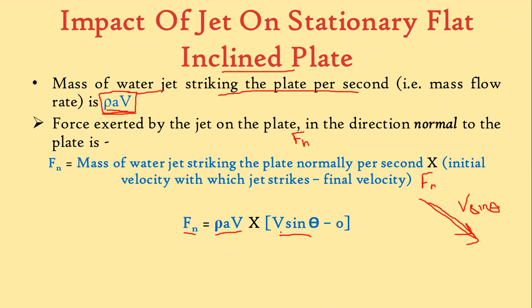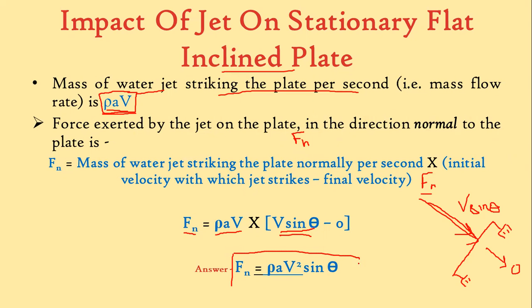So we will take the velocity in the line of action of normal force as v sin theta, and the final velocity is 0, because after the jet strikes the plate, as the plate is stationary, the final velocity of the jet will be 0 in the direction of the jet. So Fn is equal to rho A v square sin theta.